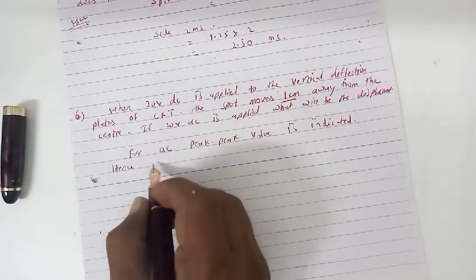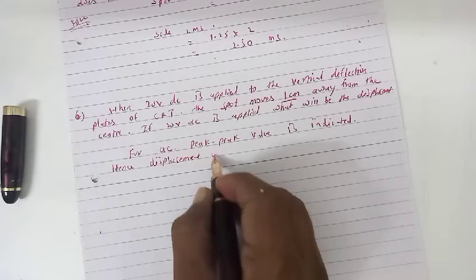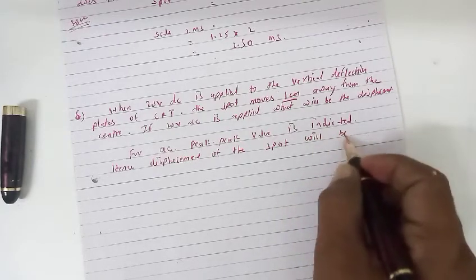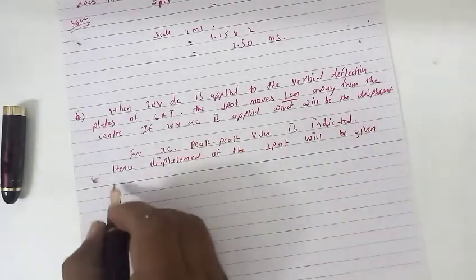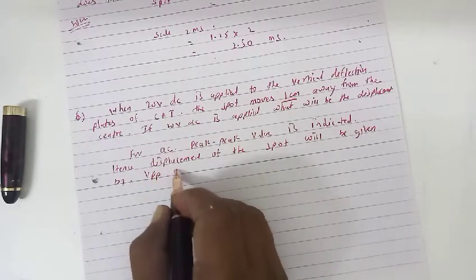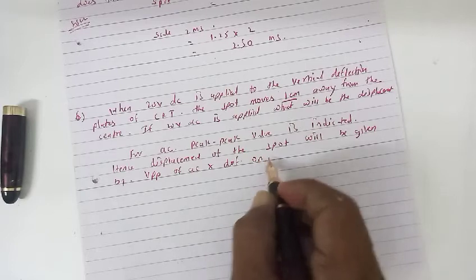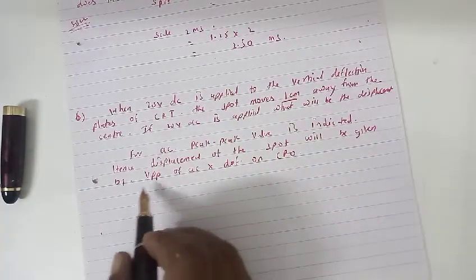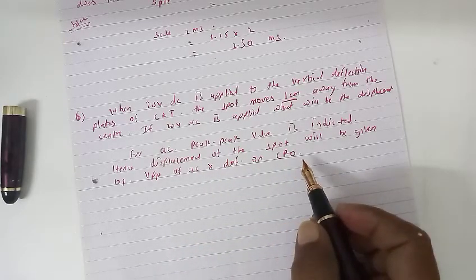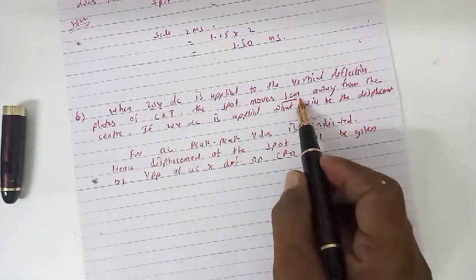Hence the displacement of the spot will be given by the peak to peak value of AC multiplied by the deflection on the CRO. So you directly have this 20 volt and the 1 centimeter.